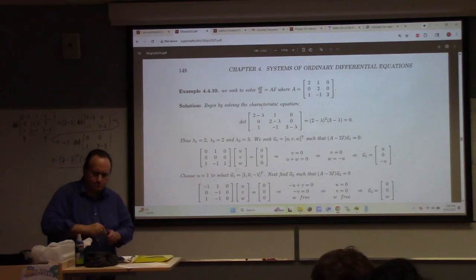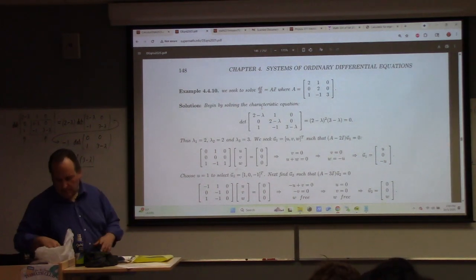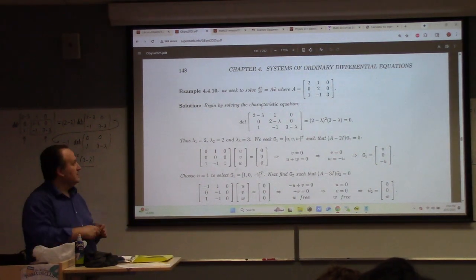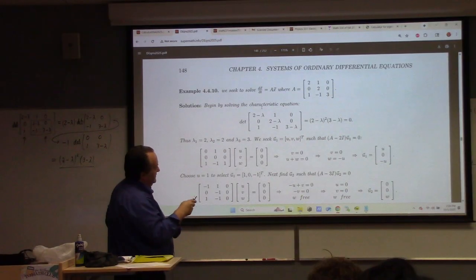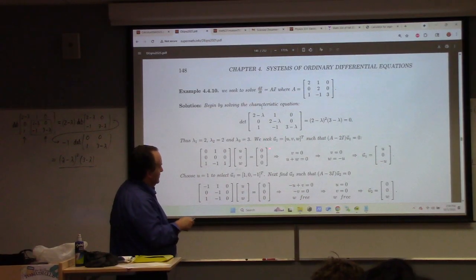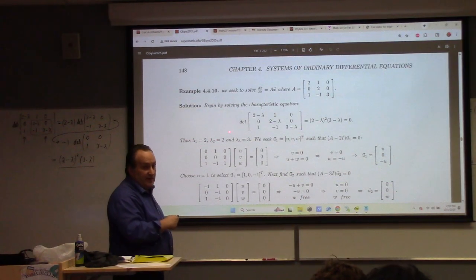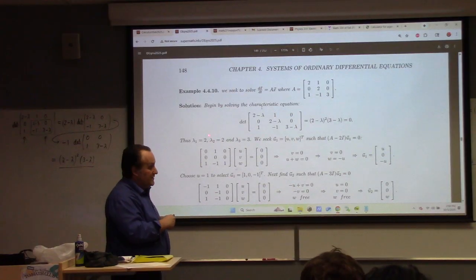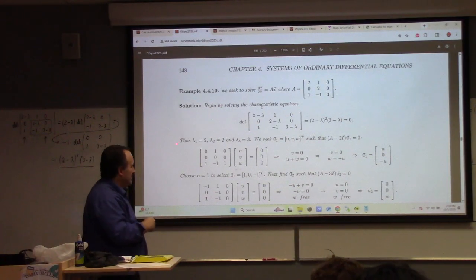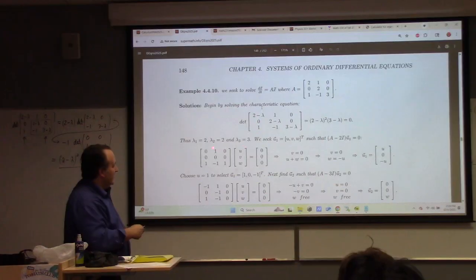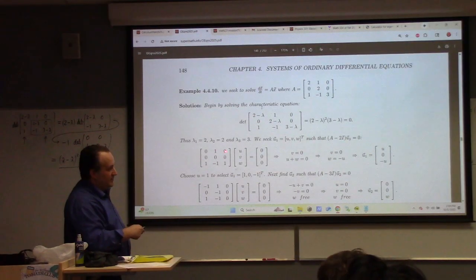Now notice that something interesting happens in this example. First of all, the eigenvalue 2 is repeated. In the previous example where the eigenvalue 2 was repeated, we found 2 eigenvectors. But this one, not the case. If we look at A minus 2I, that gives us just 1 eigenvector.